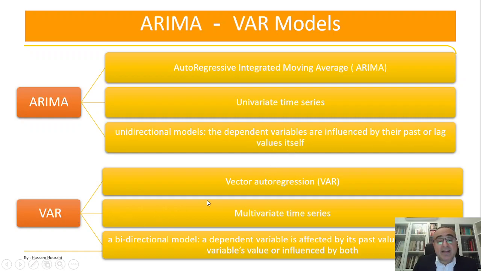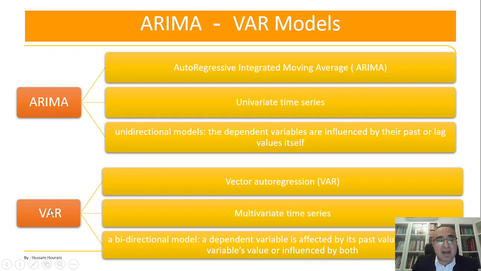While VAR is vector autoregression, and it's multivariate time series. So this is multivariate. The first one was univariate. This means that if you have multiple variables, you can use multivariate time series, and it's a bi-directional model. It depends on either the past values, or the other variables' values, or both together.